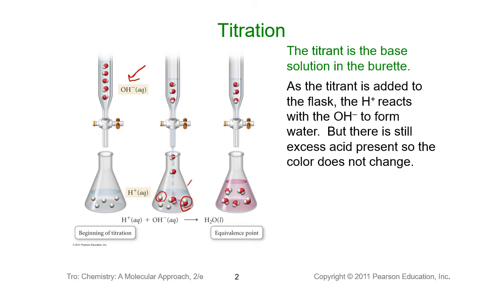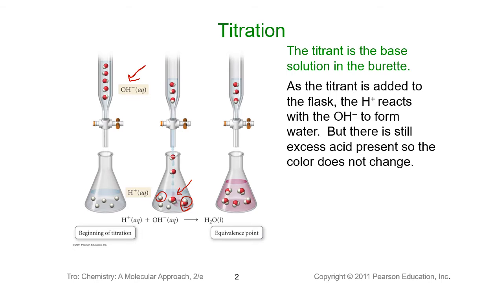You'll notice that there is a faint pink color forming, but if the flask is swirled, it will go away. Very locally the reaction is complete where our water molecules are formed, but in the entire flask it is not complete. So upon swirling, that light pink color will disappear.